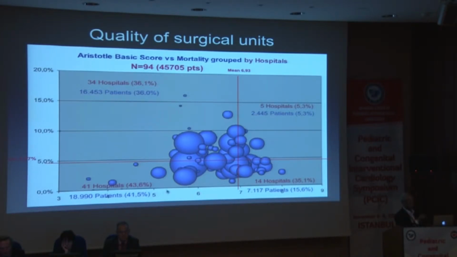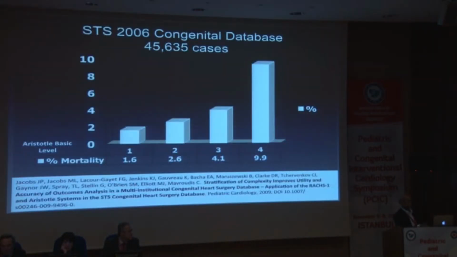So you want the hospital to be in that segment. If you have a low complexity score but high mortality, then obviously your unit is not performing so well. And this sort of anonymized plot gives a lot of information about your surgical performance of your surgical unit.